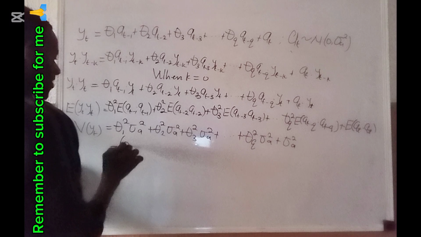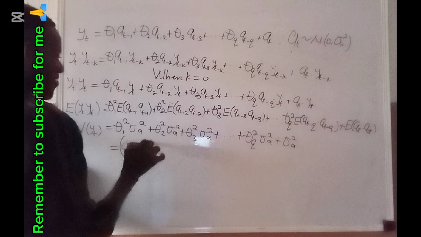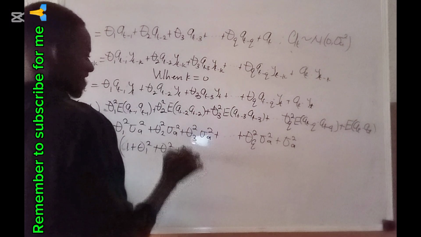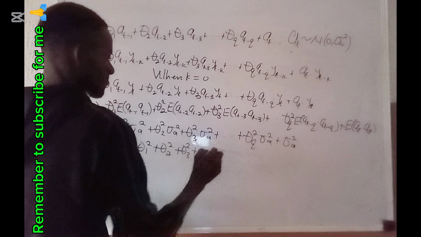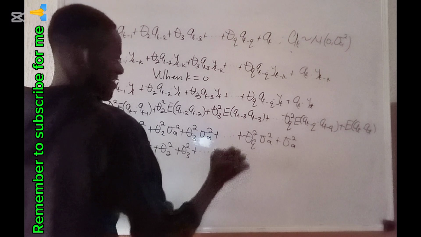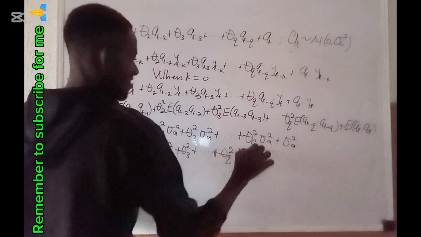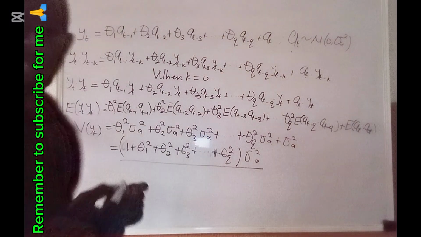Which of course is exactly what we had before, that we can have it now to be this way: 1 plus theta 1 all squared plus theta 2 all squared plus theta 3 all squared, dot dot, plus theta q all squared, close the bracket, sigma squared of a. This was what we had earlier.